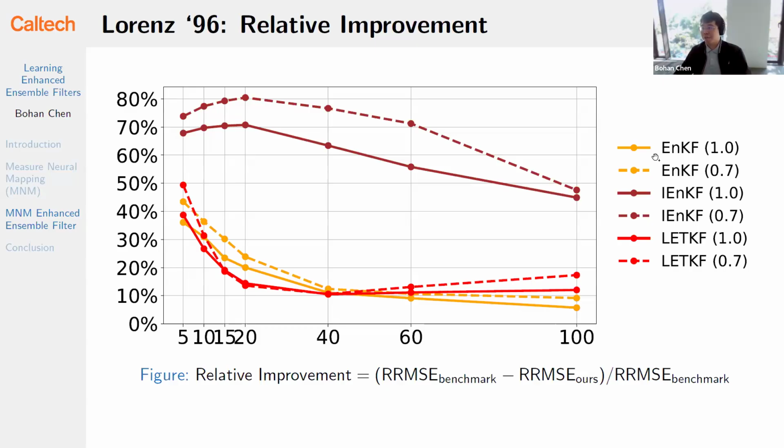We did a very wide range grid search to guarantee that all these hyperparameters are nearly optimal. And this is the relative improvement in the relative RMSE. So we can see on Lorenz-96, the improvement is nearly around 10% when the ensemble size is large, but when the ensemble size is small, the improvement is very significant.